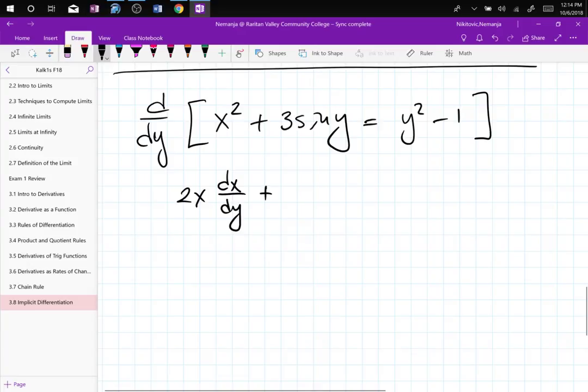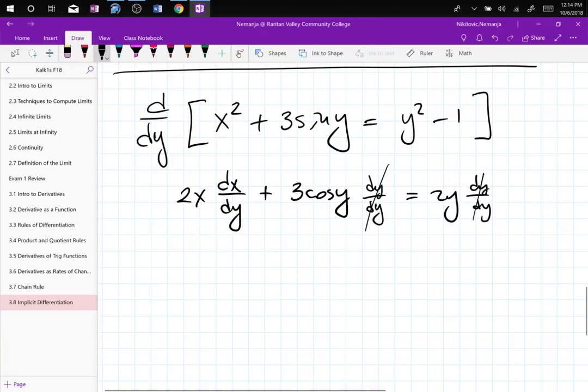Plus, the derivative of 3 sine y is 3 cosine y, and I took the derivative of y in respect to y, so now they cancel. Equals 2y, again dy dy, and that's gone. Obviously, to speed the process up, you don't have to write this dy dy or dx dx. You can just completely ignore those and keep going with the stuff that you actually have to keep.